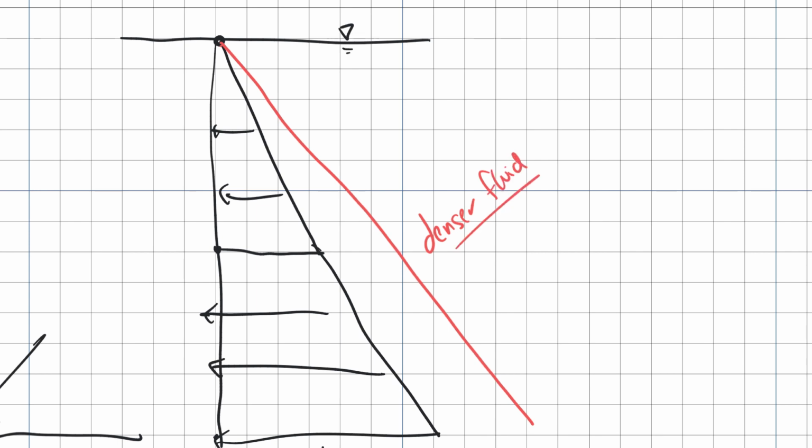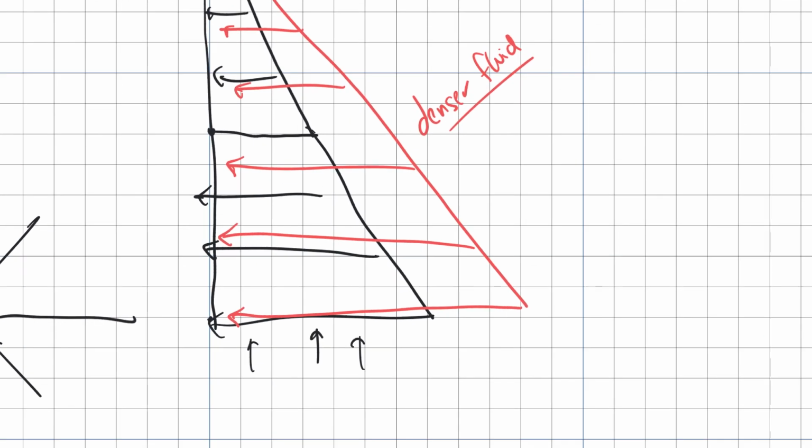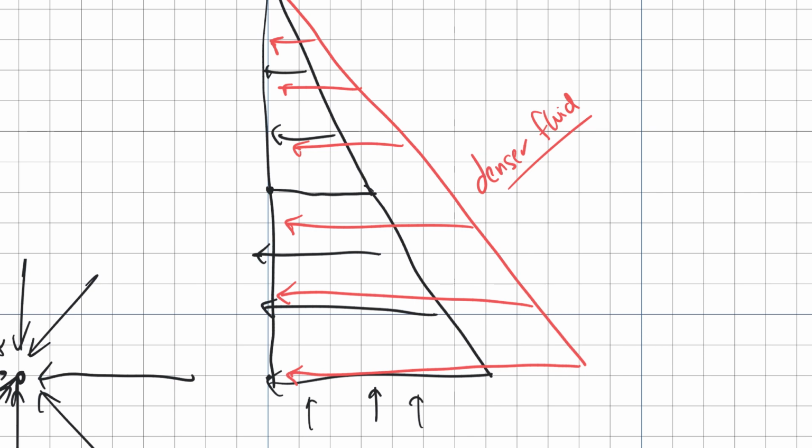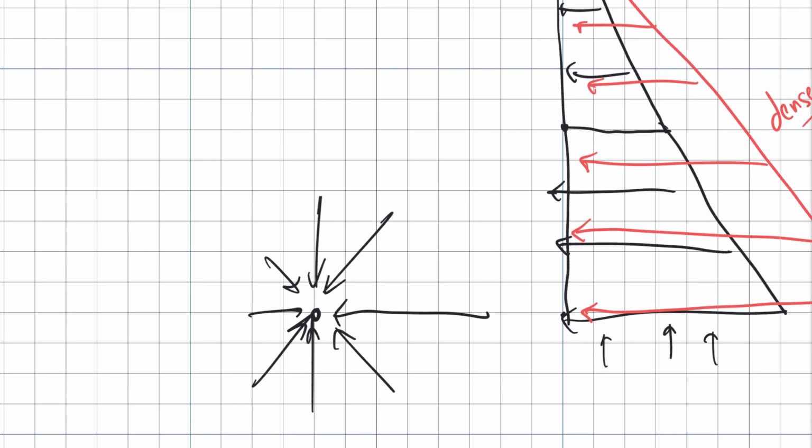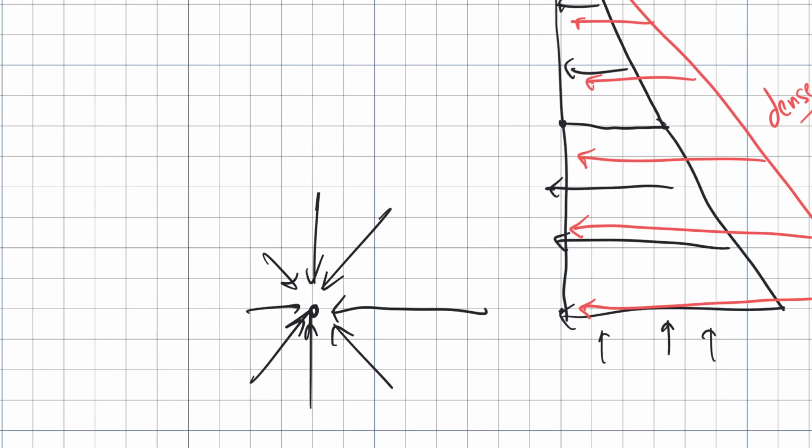Let's suppose instead of swimming in a pool full of water, you decided to swim in a pool full of mercury. It would actually be 13.5 times as steep. So now I'm in a denser fluid, so the pressure is going to be greater.